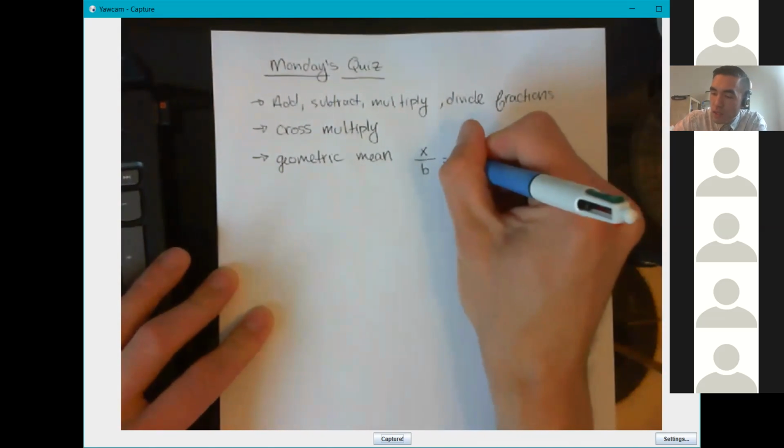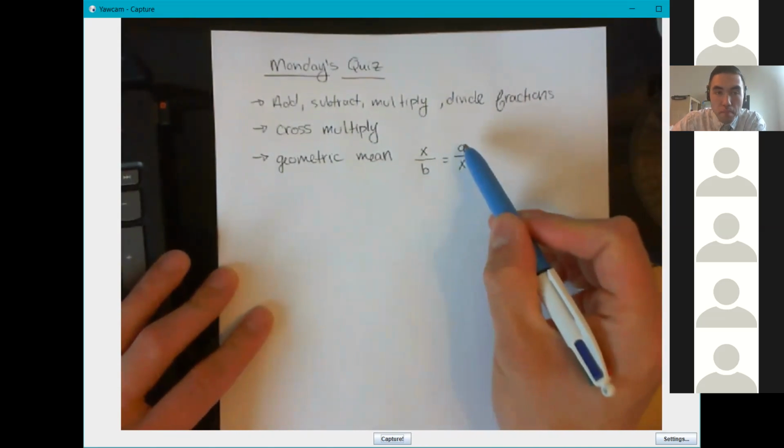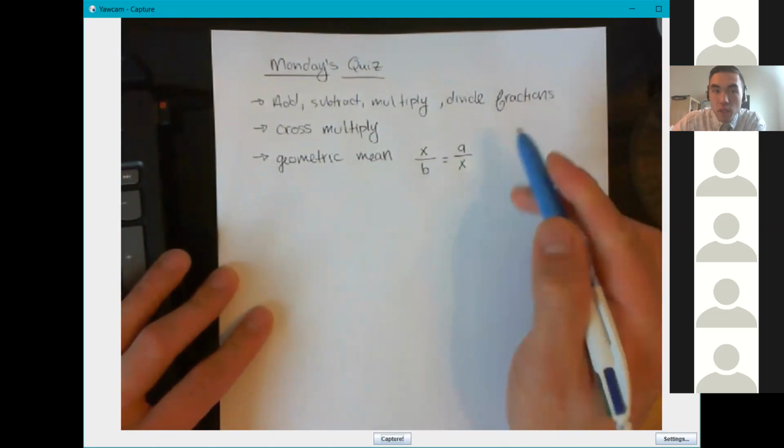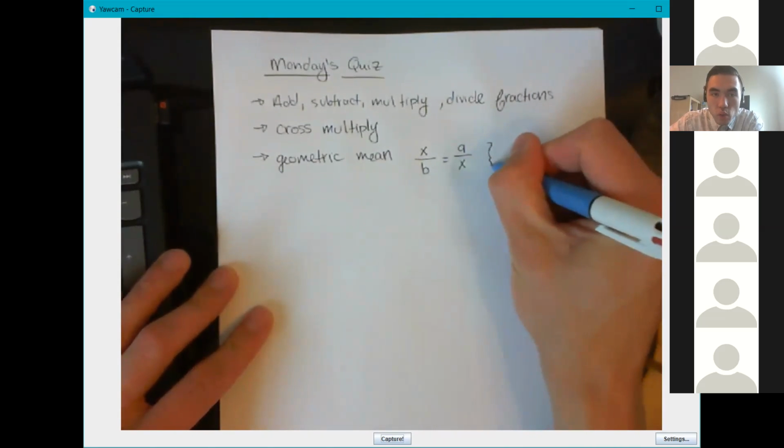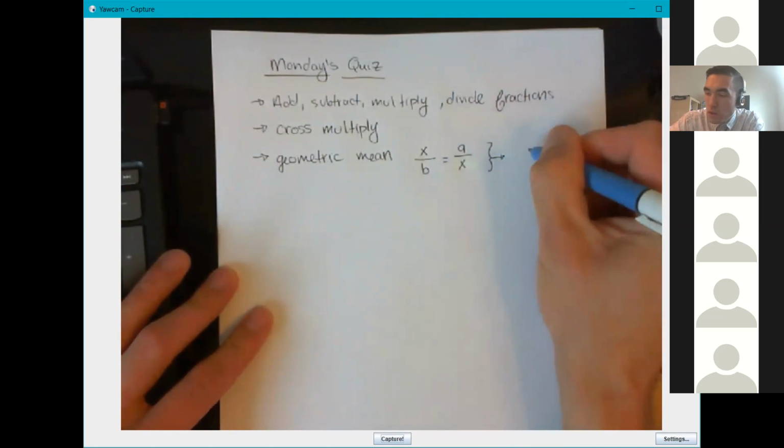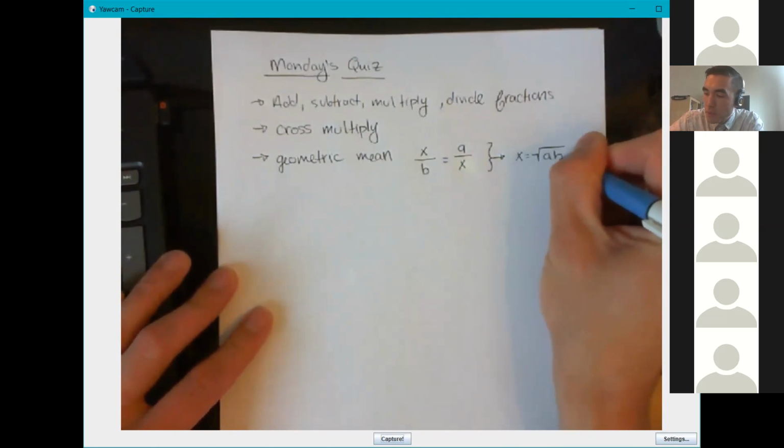And this would give us a case where x is the geometric mean of a and b. And this breaks down into the equation for us. x is equal to the square root of a times b.